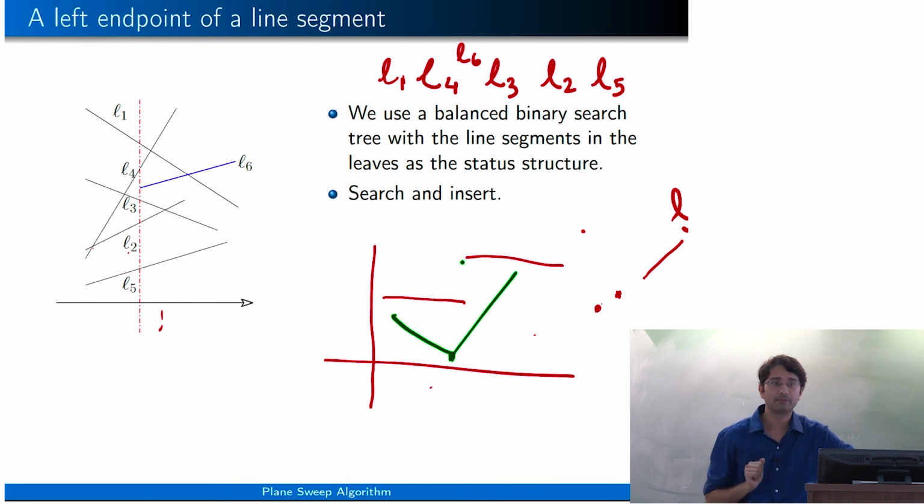Sir, I have a question. Can we say easily that if there are n lines and none of them are parallel, then there should be an intersection? No, not necessarily. Who told you that? Lines or line segments? If there are n lines, no, not necessarily. Why?